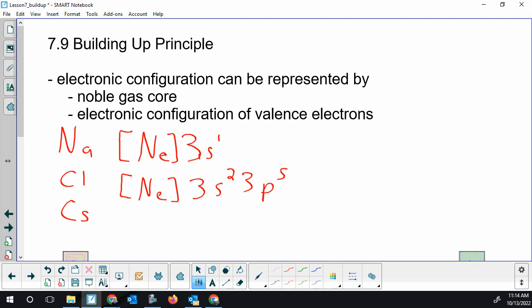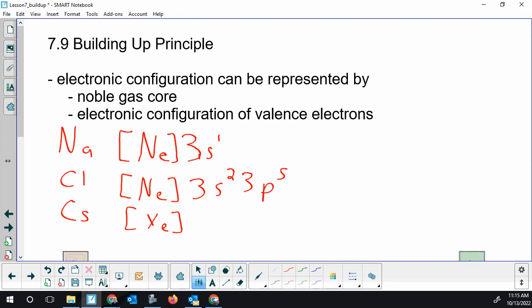Last is cesium. Way down, atomic number 55. Preceding noble gas is atomic number 54, xenon. And we don't have a lot to write here because we're at the far left. S block, 6th row, and in S and P blocks, the number corresponds to the row.